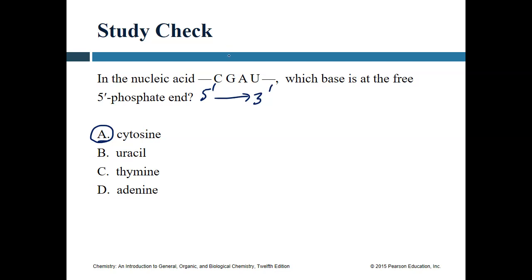So the free phosphate end on the 5 terminal is cytosine, which is A. Multiple choice gets a little bit funny when we get into nucleic acids because A and C are both actual nucleotides.